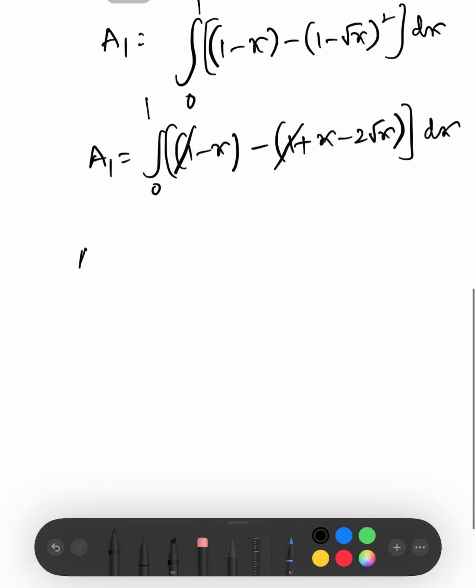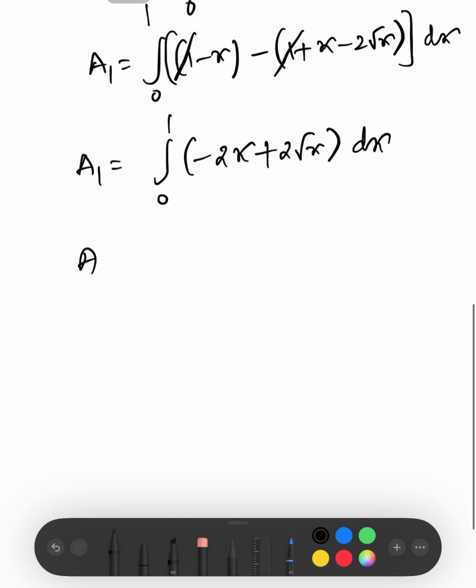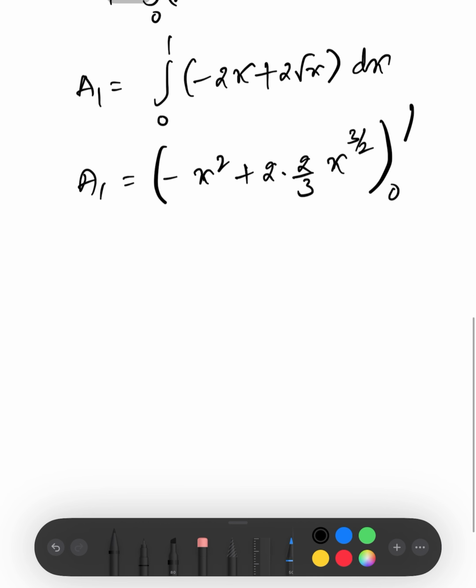Then a1 is equal to the integration from 0 to 1 of minus x minus x plus 2 root x, dx. So a1 equals, applying the integration, minus 2 times the integration of x, which is x square, plus 2 times the integration of root x, which is 2 by 3 x power 3 by 2, with boundaries from 0 to 1.